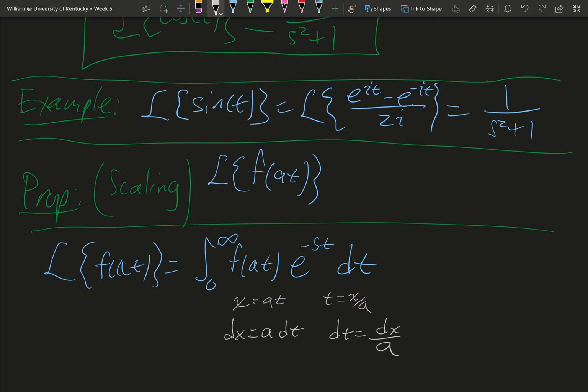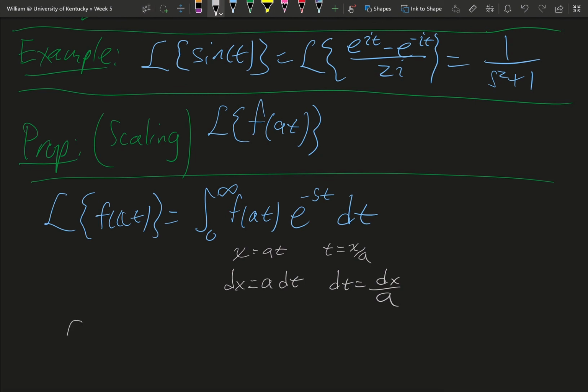Okay. So now I get the integral from 0 to infinity of f of x times e to the negative s, and now I've got to use x over a there. And now this dt can become dx over a.